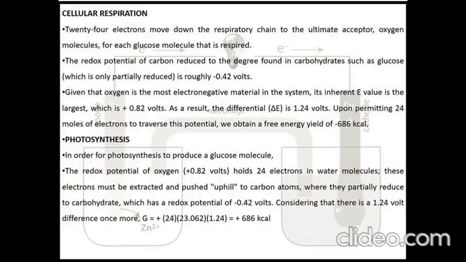Whereas in photosynthesis, in order to produce the glucose molecule, the redox potential of the oxygen is plus 0.2 volts, which holds 24 electrons in water molecules. These electrons must be extracted and pushed uphill to carbon atoms, where they partially reduce to carbohydrate, which has a redox potential of minus 0.42 volts.